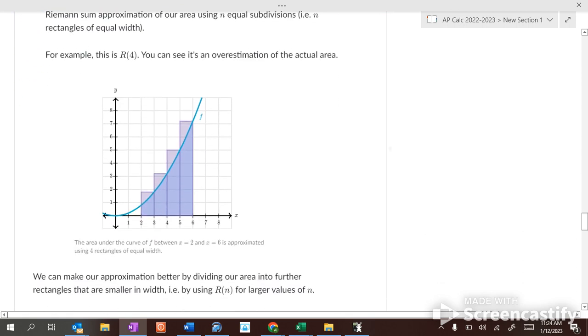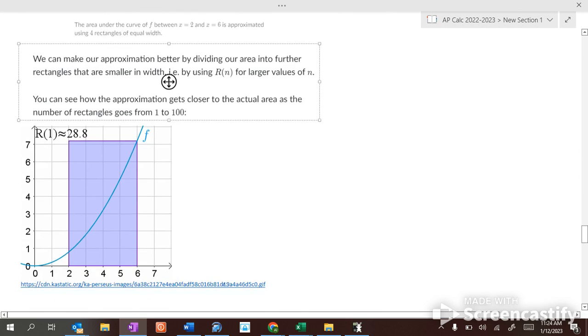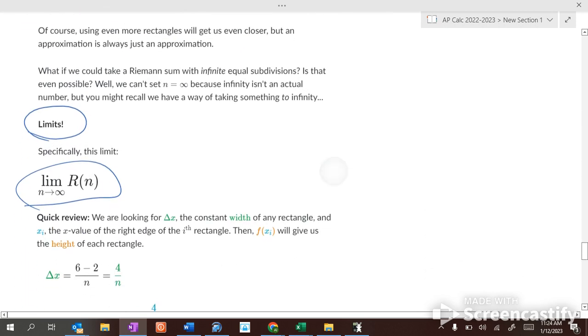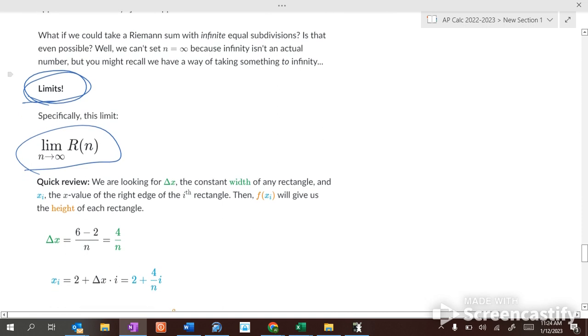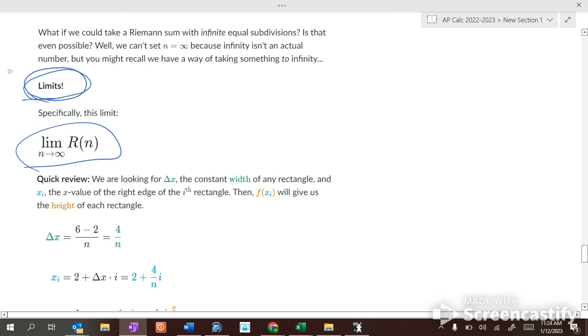So we had 4 rectangles and then we got it down to more and more and more. So how do we do that? Well, we do limits to make that work. So it's a limit as the function is happening.